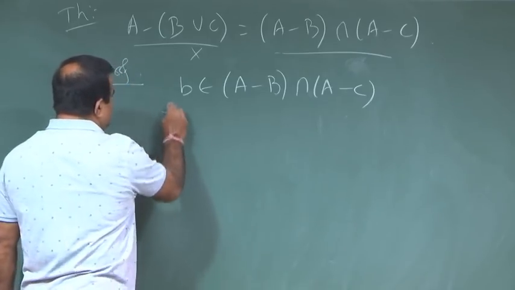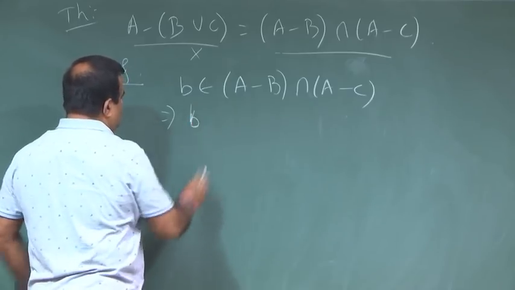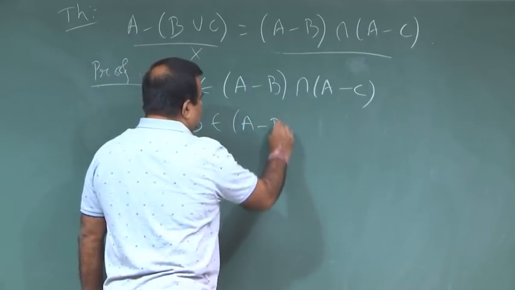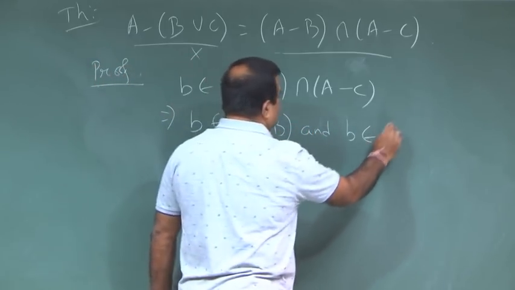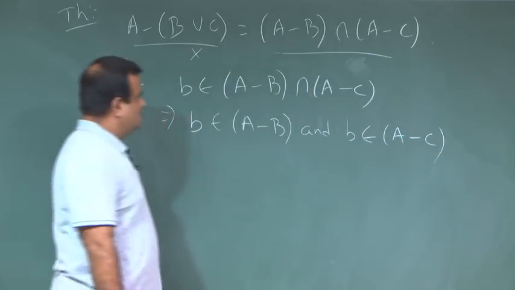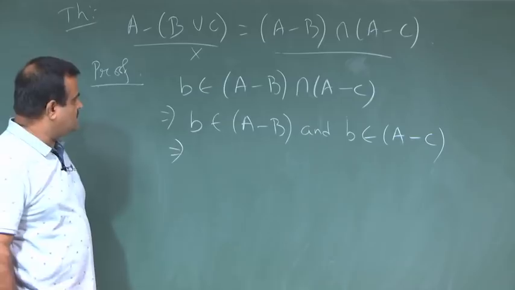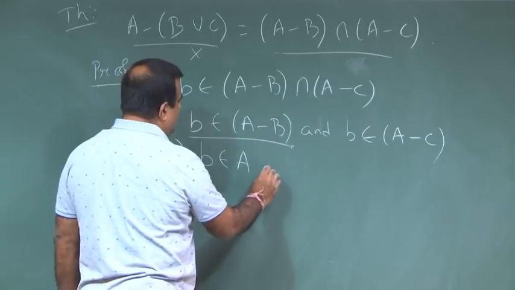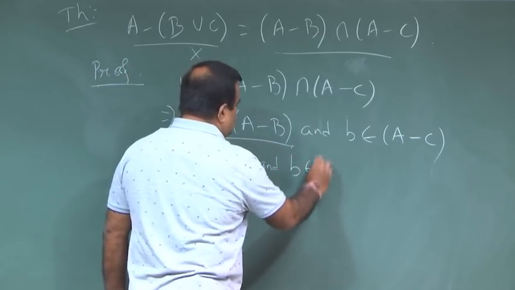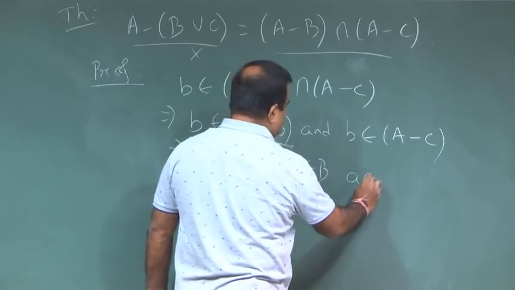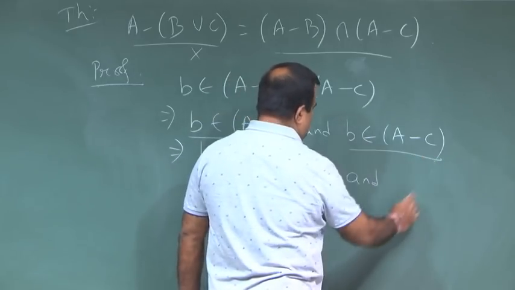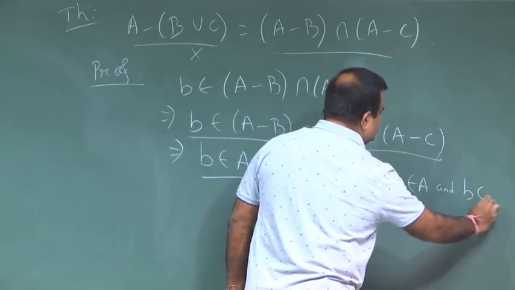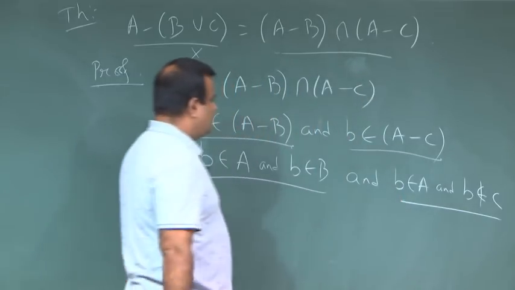So, b is in this means b belongs to A minus B and b belongs to A minus C. So, this first one means b belongs to A and b does not belong to B. This is the first part, and similarly here also b belongs to A and b does not belong to C. This is the second part.